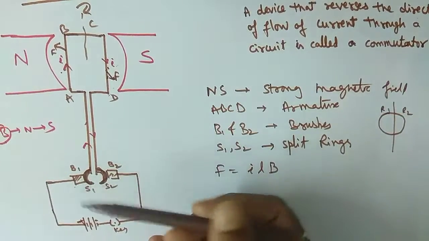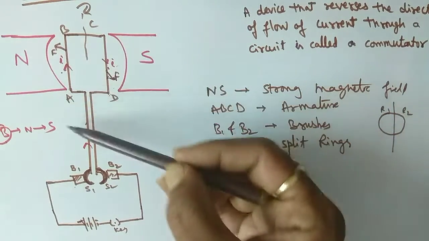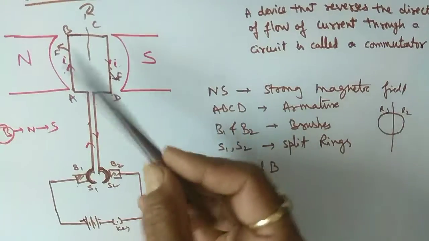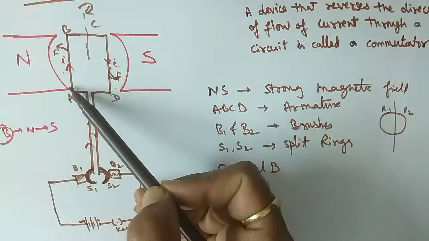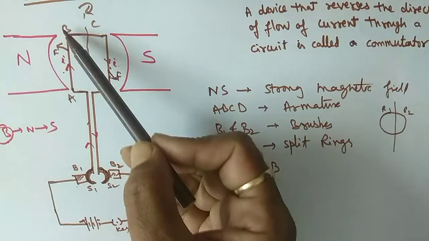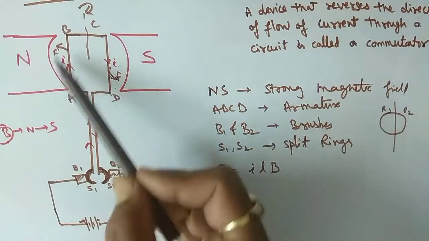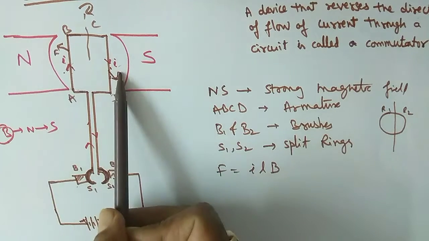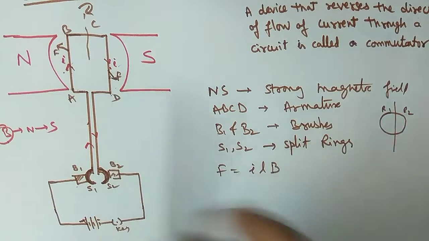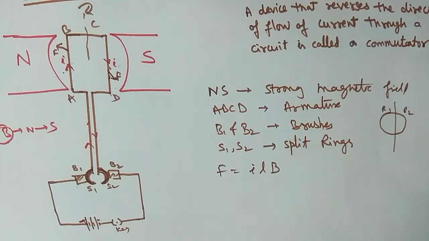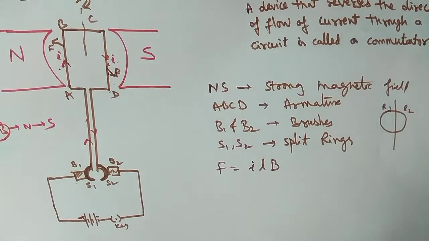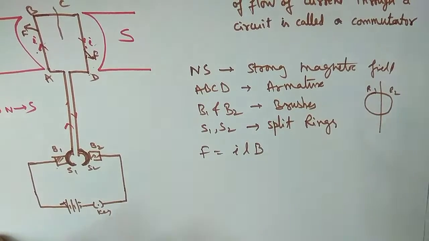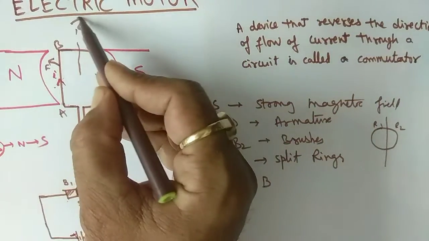In other words, the resultant direction is A to B. It doesn't matter whether it is AB or DC; in both conditions the direction of the current will remain the same. Here it is always upward, and here it is always downward. So we get rotation in the same direction.